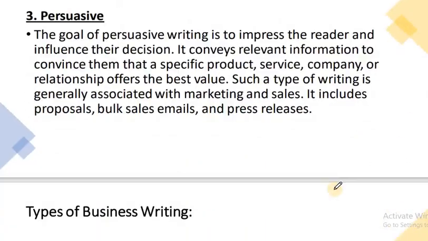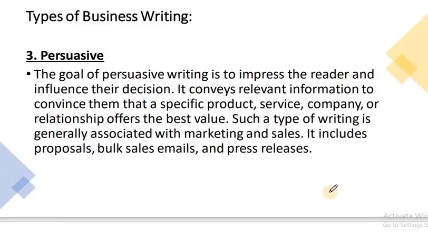Number 3 is persuasive business writing. The goal of persuasive writing is to impress the reader, number 1, and influence decision making. It conveys relevant information to convince them that a specific product or service of a certain company, or a relationship offer, is the best value.